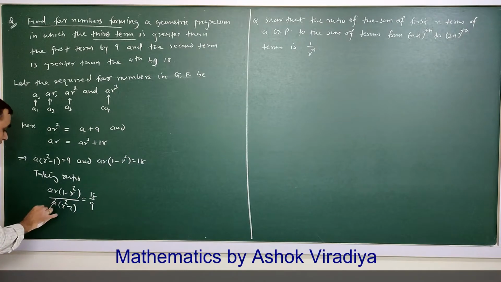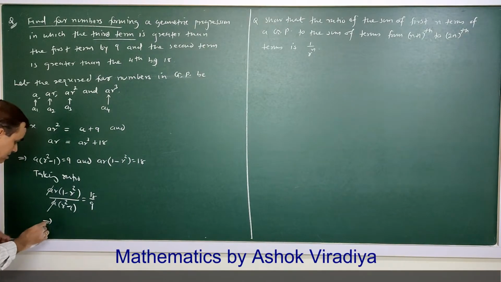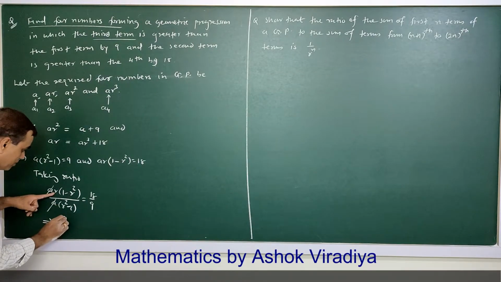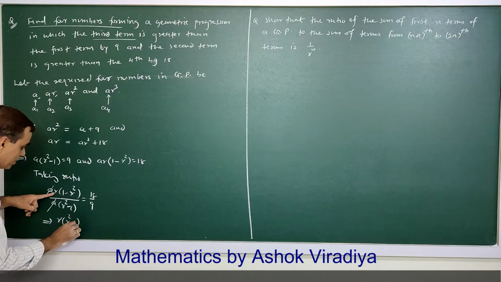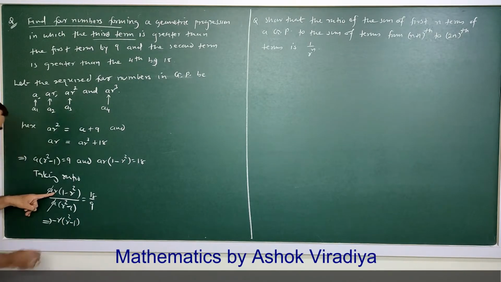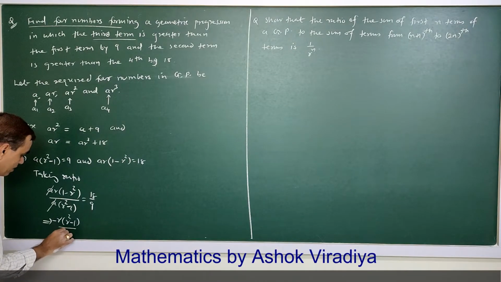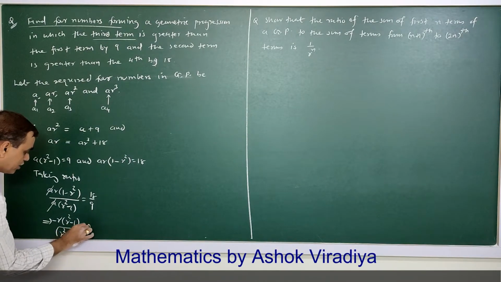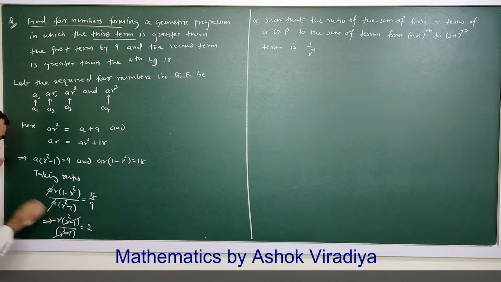Here A is cancelled. Here R into, now changing the sign here, so R square minus 1, so the minus sign I keep outside, means minus is taken out, upon R square minus 1 is 2, so this can be cancelled.